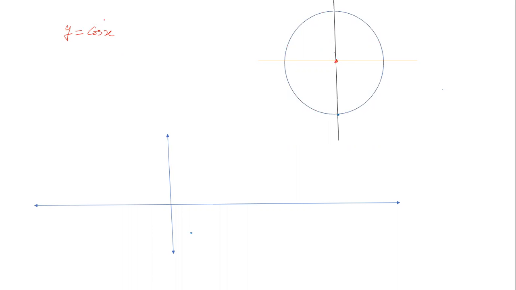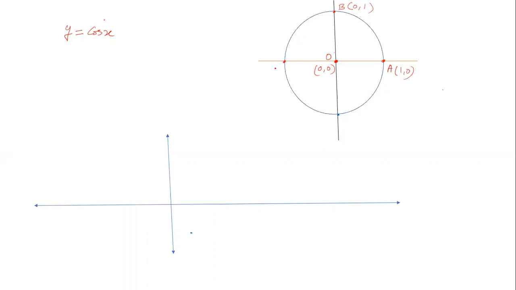Say this point, the center of the circle, is O. This point is A. Its coordinate will be 1, 0. This point is B. Its coordinate is 0, 1.